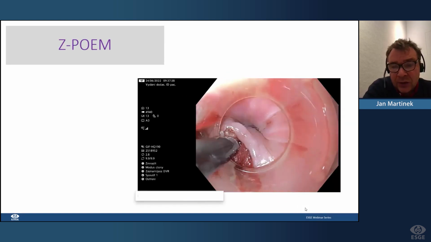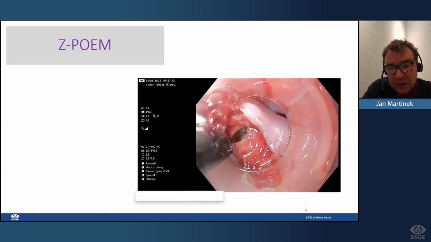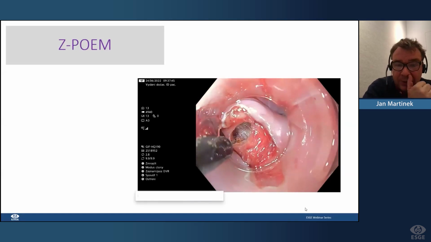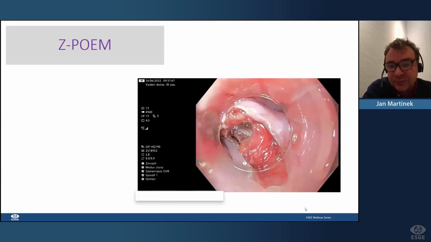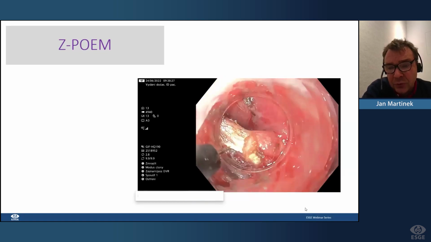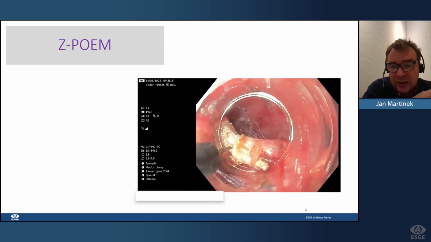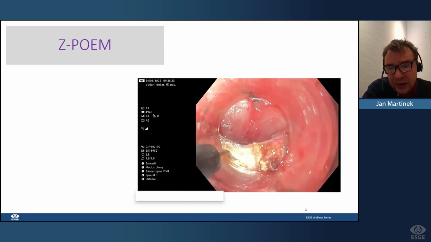Once two tunnels are created, we can start the myotomy, which we perform perpendicular like this, and we can appreciate the muscle fibers. And the muscle has two parts. This is the esophageal part, which can theoretically be cut all the way down to the cardia.